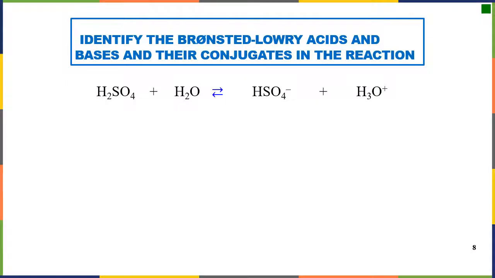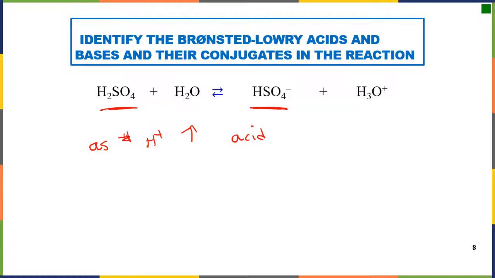So if we look at this reaction, we have H2SO4, and it's going to go into HSO4 minus. So we need to identify which one is the acid and which one's the base. So first of all, the one with the more protons is the acid. As the number of H pluses goes up, the higher number of H pluses is going to be the acid.